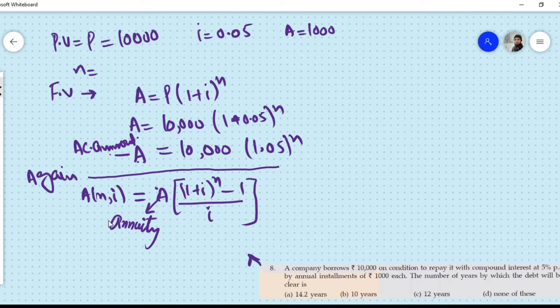Now using the values, A is 1,000 rupees, the annuity.